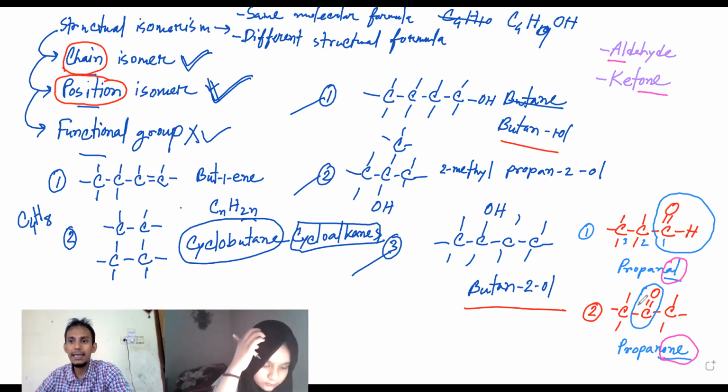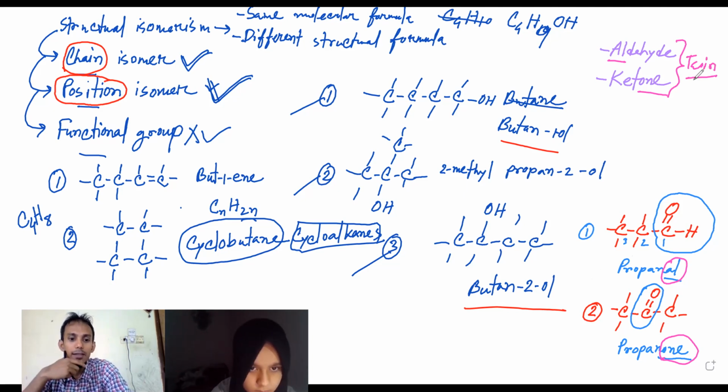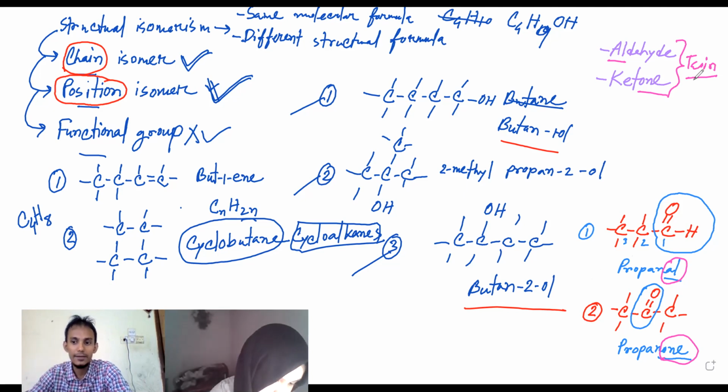But you see, these aldehydes and ketones are always twins. They have the same molecular formula, but different structural formulas. They look the same, but they are different.